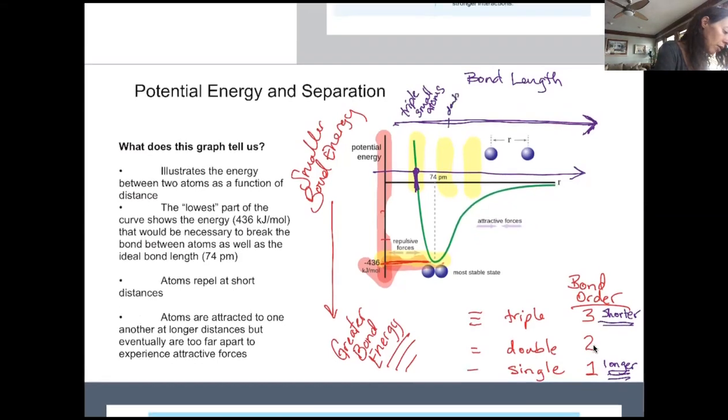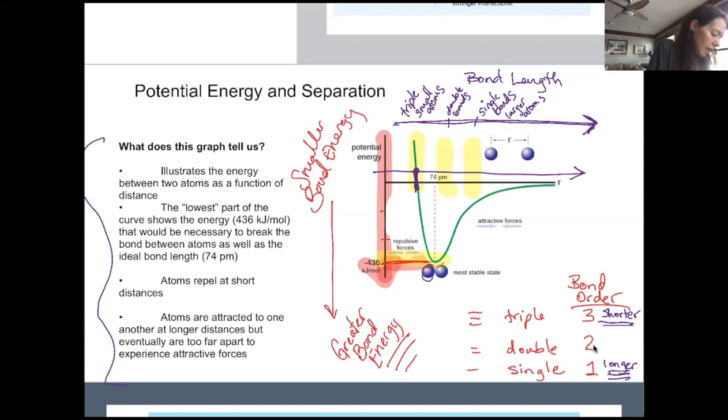We'd be looking for double bonds, and then single bonds or larger atoms that cannot get as close to each other. And that is your potential energy diagram. And over here, it's telling you what I've been telling you, okay?